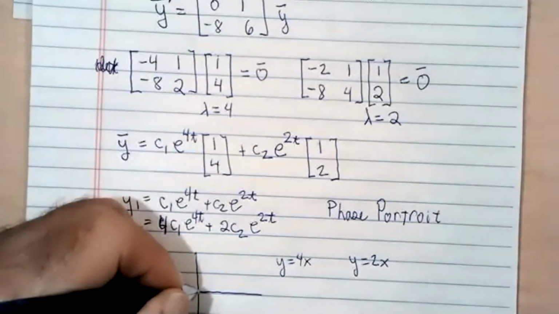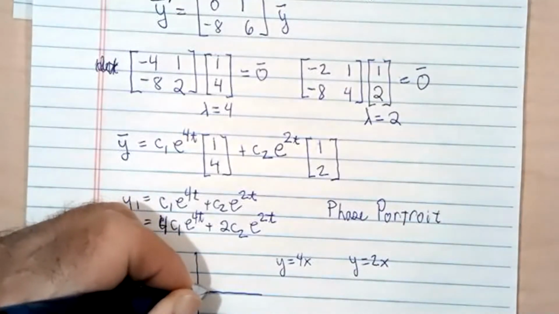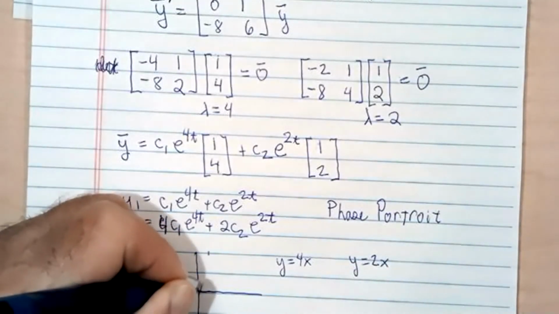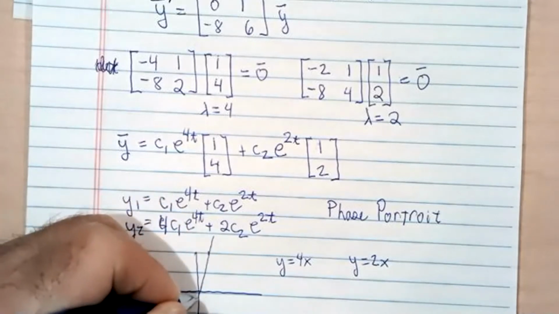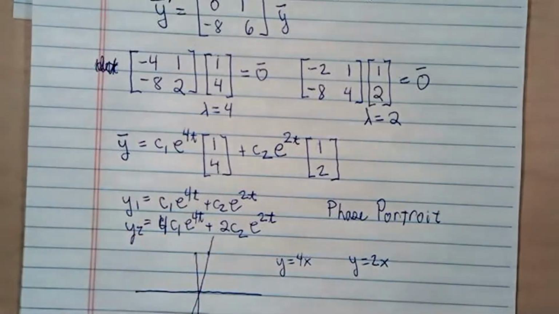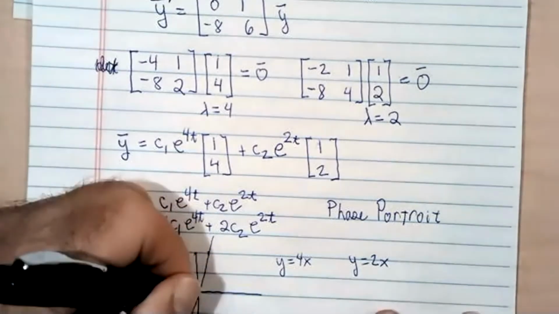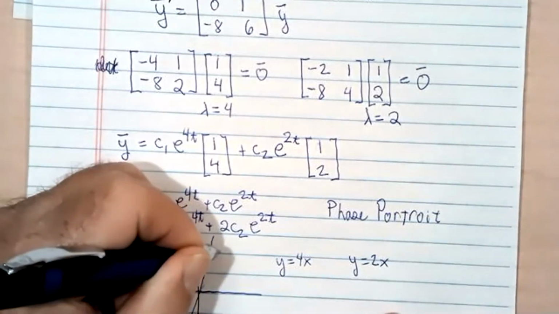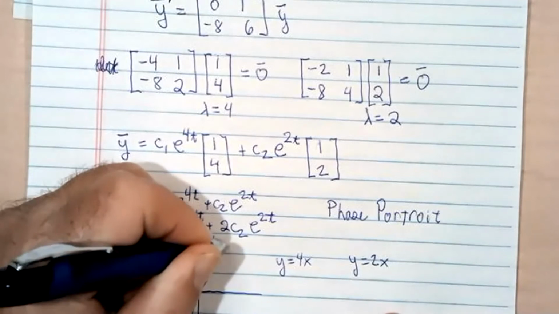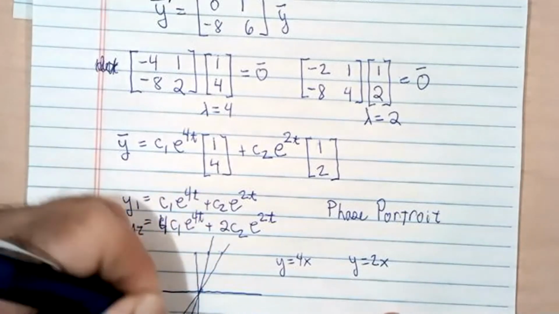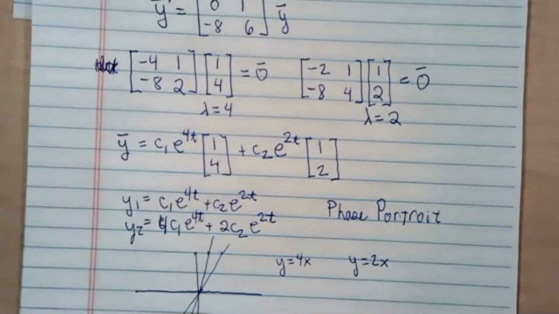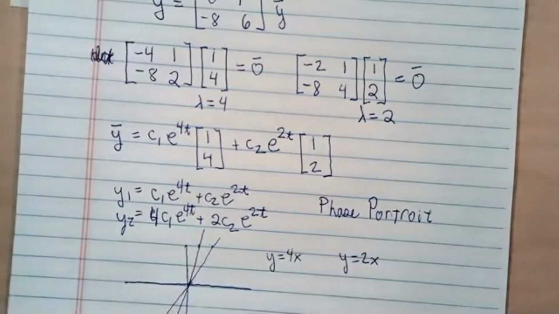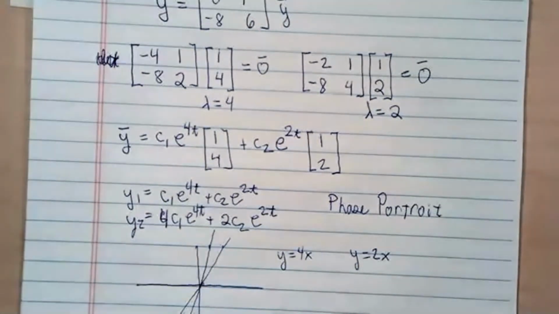So y equals 4x, that is like this line, and y equals 2x, not so much different. But they are different. So by taking linear combinations of these, you can span the whole space. So you could start at any old point you wanted. And if you did, you would simply progress along a straight line.